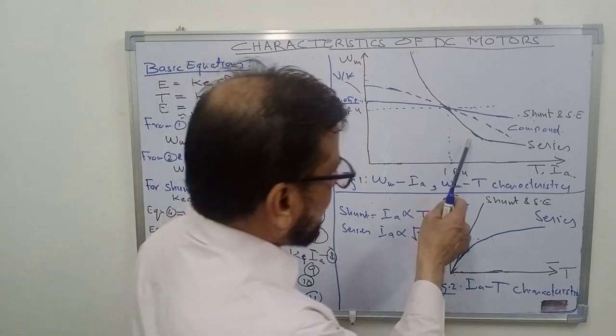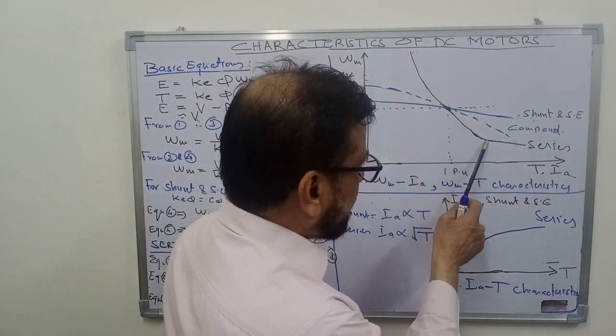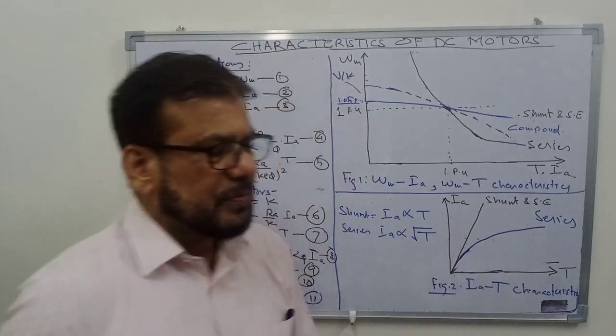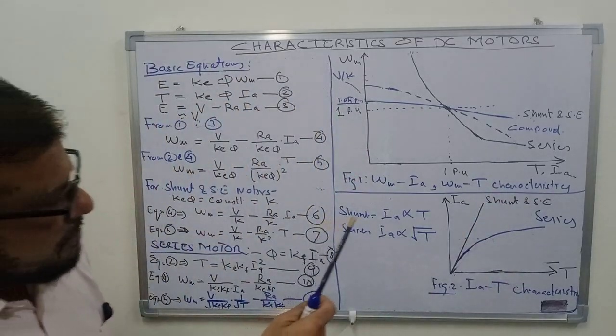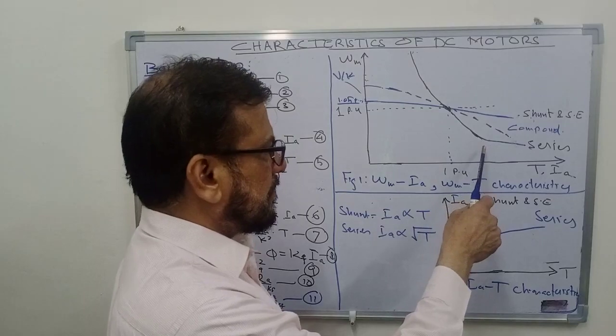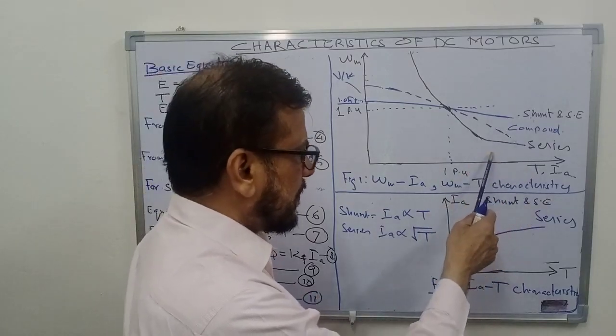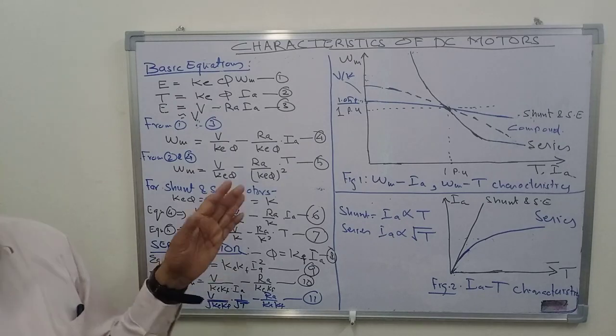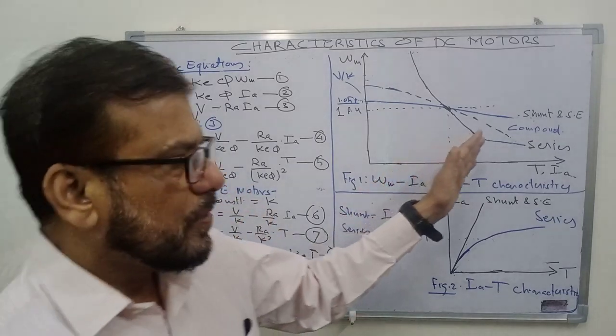Now here one more thing you can notice, that after this point I have drawn a straight line here. So this means that when the load is more than the full load, saturation occurs and the flux does not increase beyond a certain value.